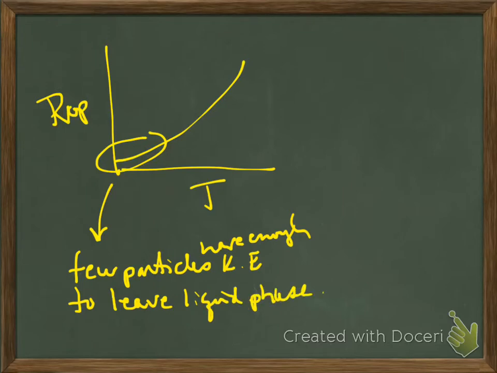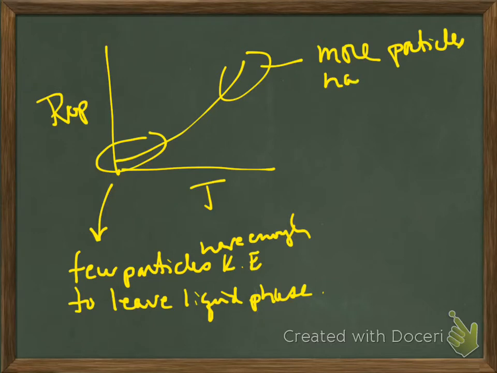And if we look at this end of the curve, obviously if the other end is few particles, this is more particles that have enough kinetic energy to leave the liquid phase.